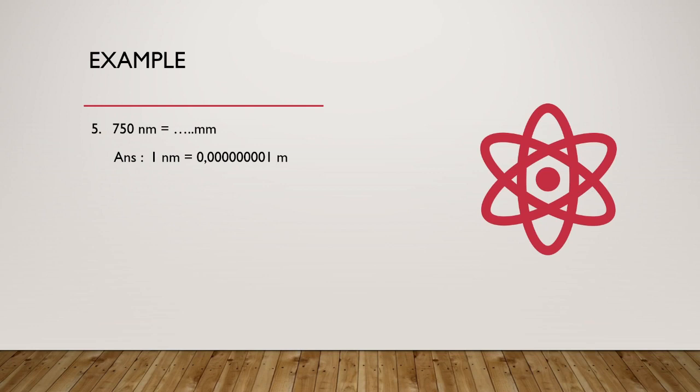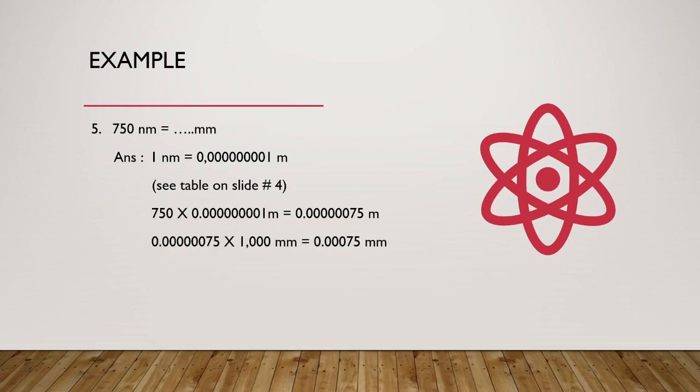But we didn't use it now, so we use 0.000000001 meters from the table, and then we get this result. And then just like before, we multiply it by 1000 and then we get the millimeter result.